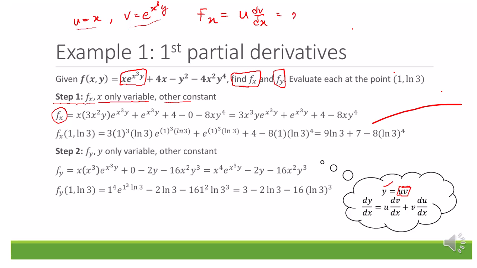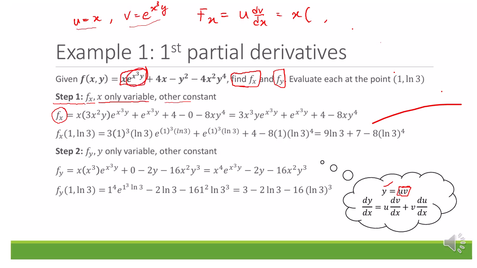U should be x, and dv/dx should be calculated as, how do we differentiate this?